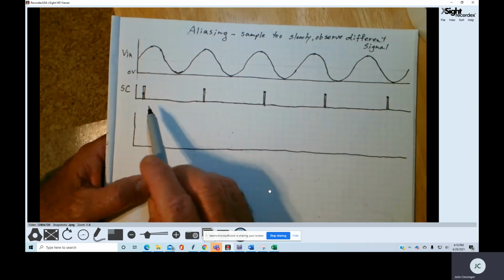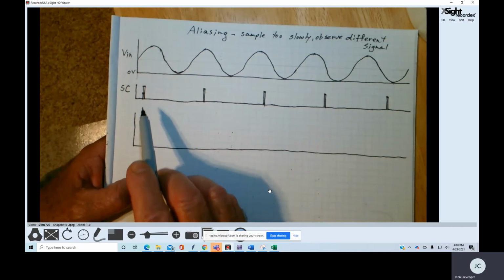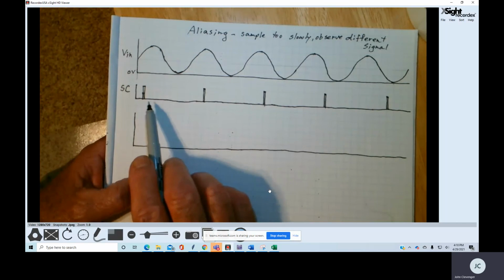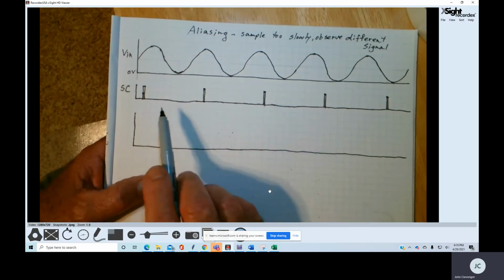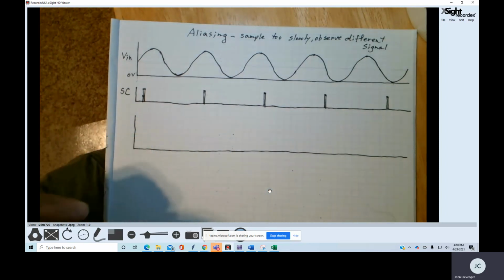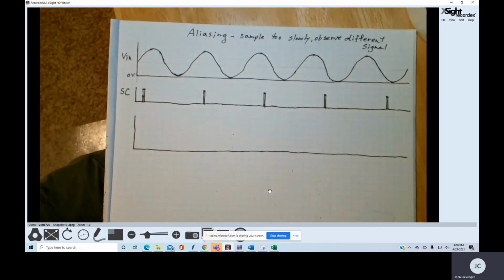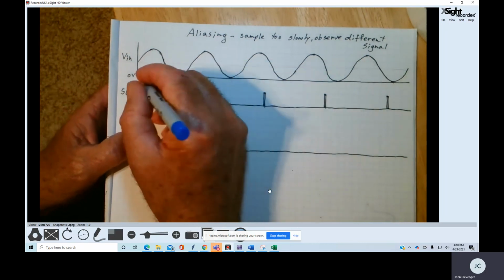And then I've sketched in here the start conversion signals that are sent from the microprocessor to the A to D converter. If we look at these start conversion pulses, we can see that they do not meet the Nyquist criteria because we're not sampling twice during every period of the waveform.